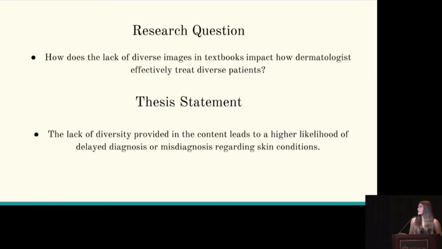So because of this, my research question is, how does the lack of diverse images in textbooks impact how dermatologists effectively treat diverse patients? The lack of diversity provided in the content leads to a higher likelihood of delayed diagnosis or misdiagnosis regarding skin conditions.